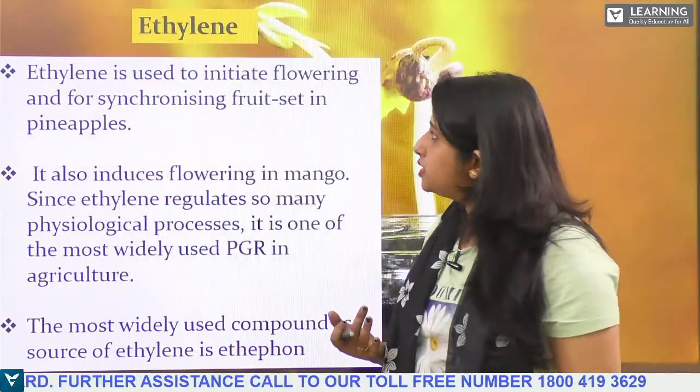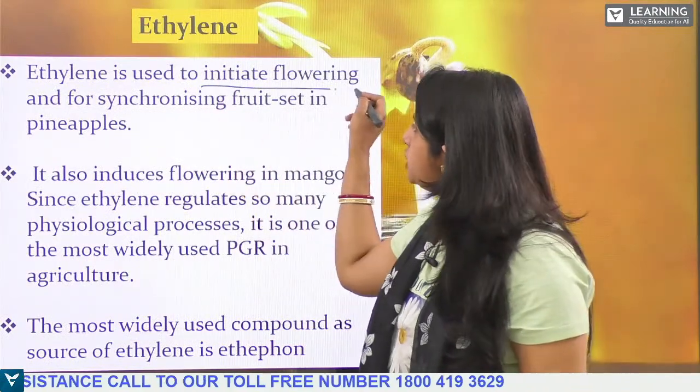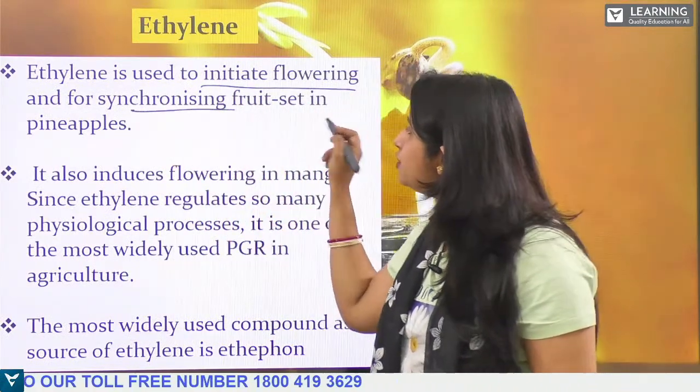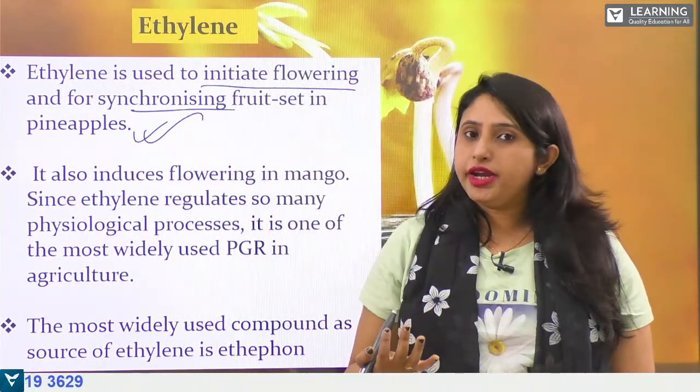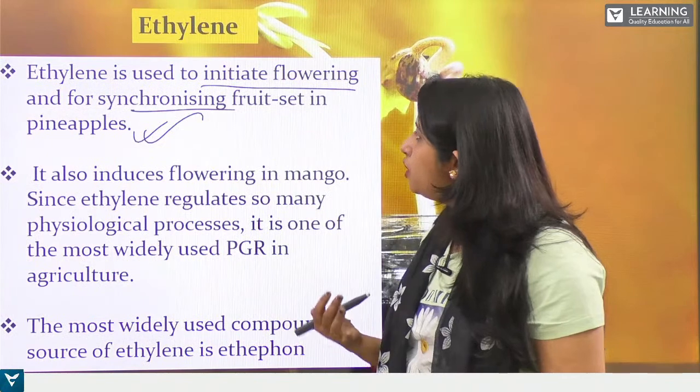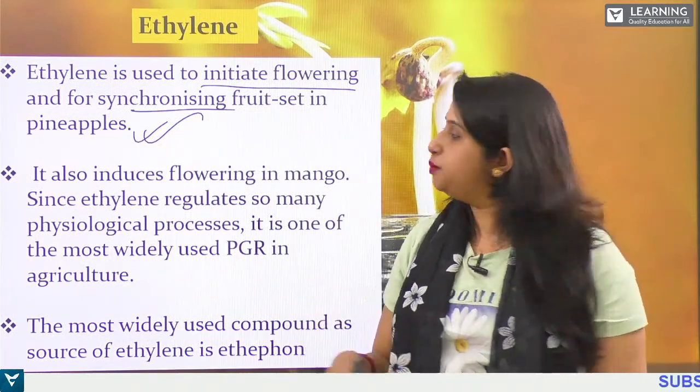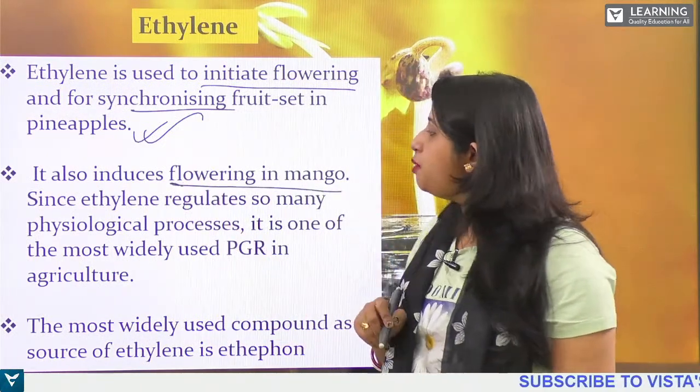Next, ethylene is used to initiate flowering and for synchronizing fruit set in pineapples. It also induces flowering in mango.